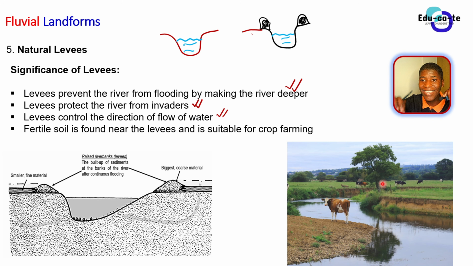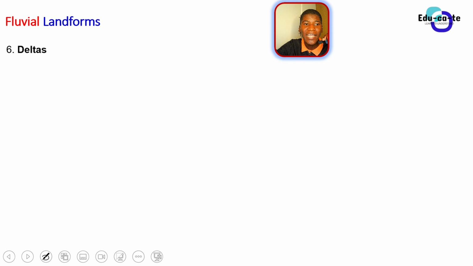This is enabled by the fertile soil found near the levees, which will help me to grow my plants, and that will be suitable for agricultural production. It's also an economic advantage having levees, because farmers can plant their crops and eventually make some growth economically.